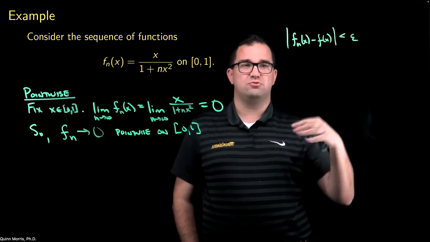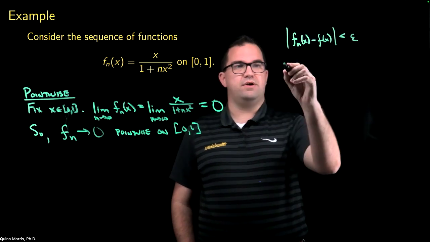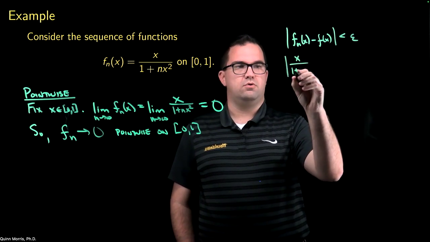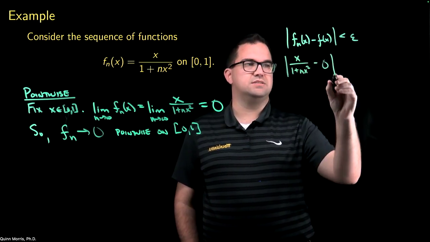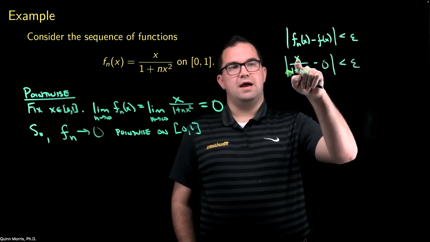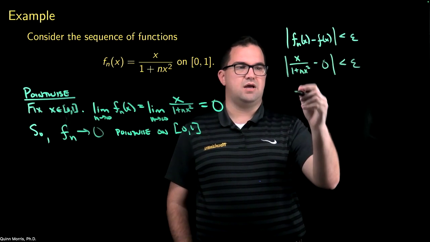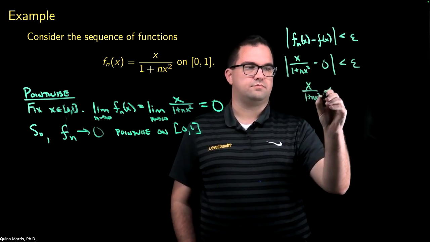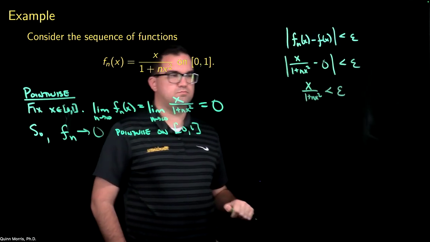I would try to solve it for little n to find my capital N. So if I do this here, I get x over 1 plus nx squared minus the limit function, which I think is 0. Now x is between 0 and 1, so it's non-negative. This is non-negative. All the absolute values can come off, and I get this.